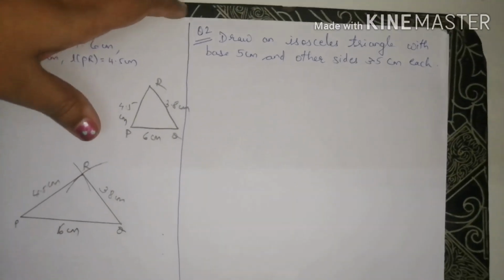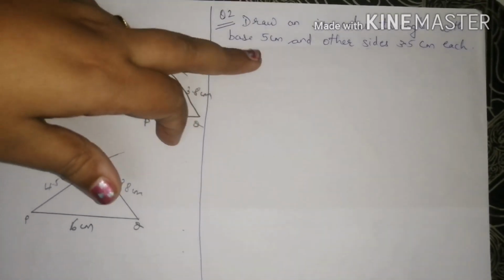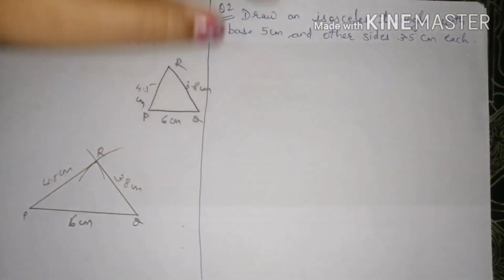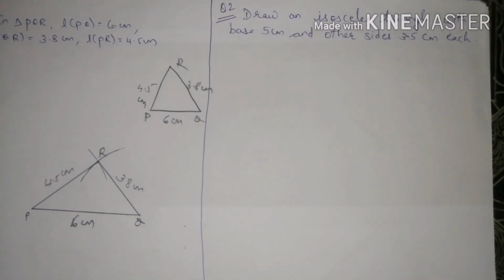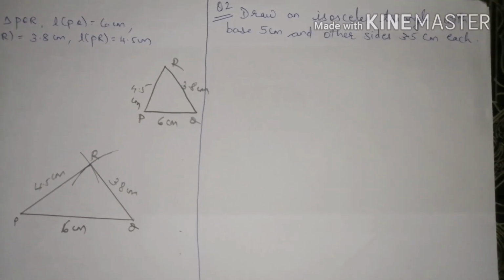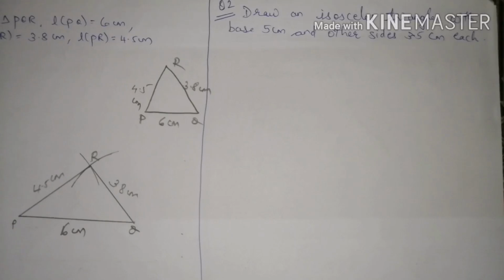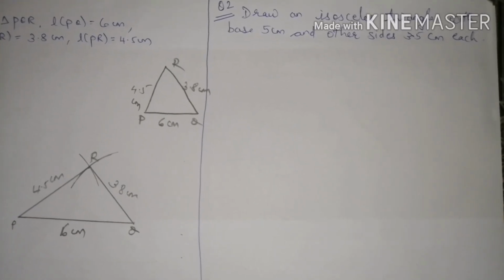Now question number 2. Draw an isosceles triangle with base 5 centimeter and other sides 3.5 centimeter. Children, in 6th standard you learnt three types of triangles on the basis of sides. If all three sides of a triangle are equal, it is an equilateral triangle.